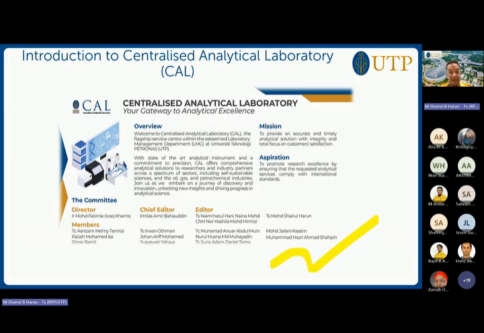Moving on the right are TC Irwan Osman, Mr. Johan Arif Muhammad, Miss Isyawati, TC Muhammad Anwar Abdul Muin, Puan Nurul Husna Muhammad Muhayyuddin, TC Surya Adam Dina Tomo, Mr. Jarani, and also Mr. Muhammad Hazri Ahmad Syafin. All these PICs in the laboratory will be introduced later on via the CAL corporate videos.